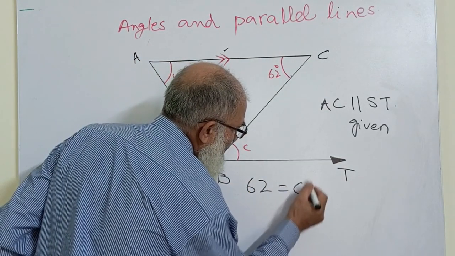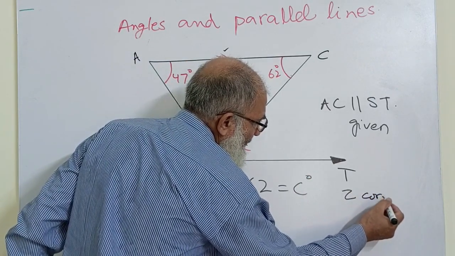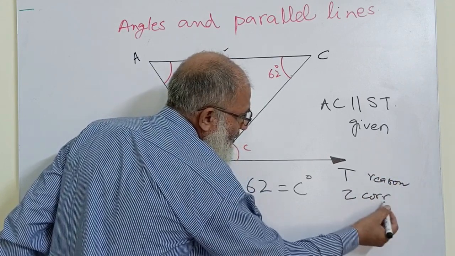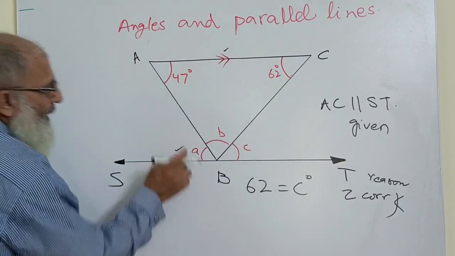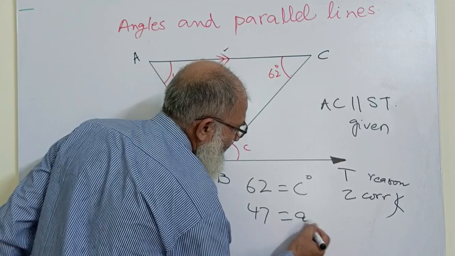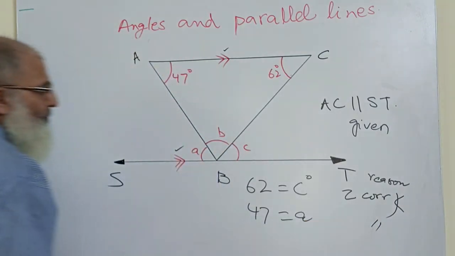62 is equal to C degrees, because these are Z corresponding angles. Now this is the reason, the Z corresponding angles. Okay, again A is equal to 47 degrees. Again the reason is the same.